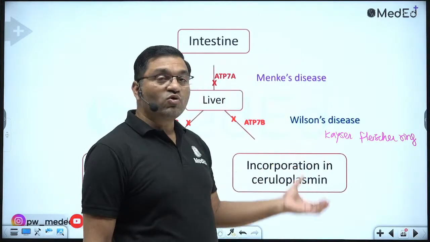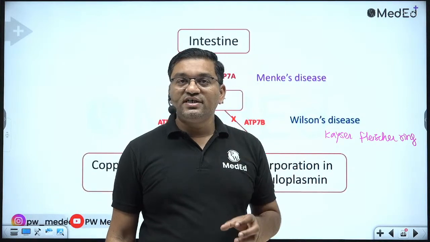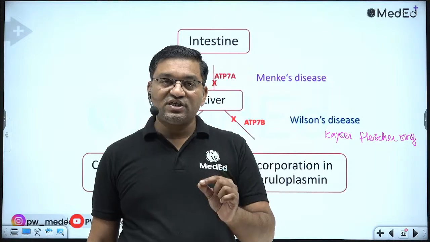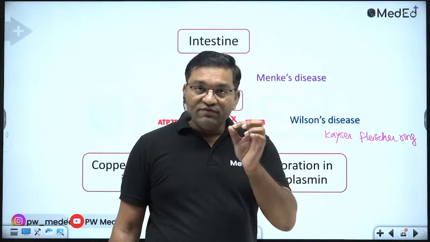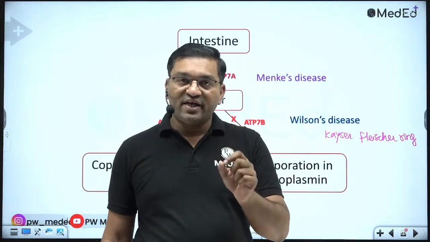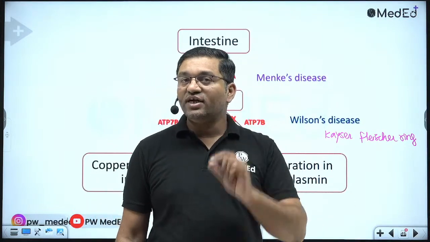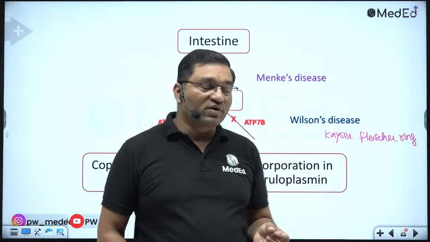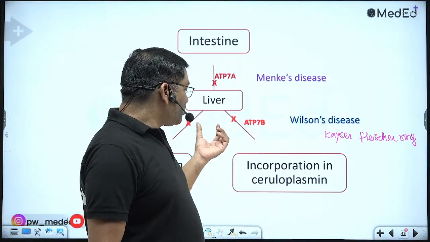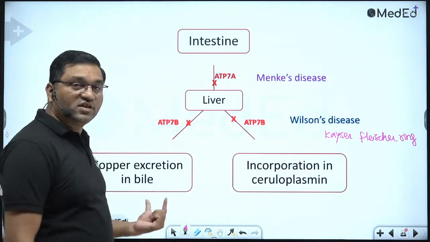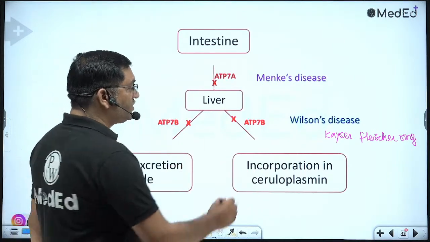There is excess of copper and it is deposited in the various tissues, that is known as hepatolenticular degeneration. Hepatolenticular means liver and the lenticular nucleus of the brain. Wilson's disease is also known as hepatolenticular degeneration. Incorporation of copper into ceruloplasmin is defective and excretion of copper into bile is defective because it is due to mutation in ATP7B.